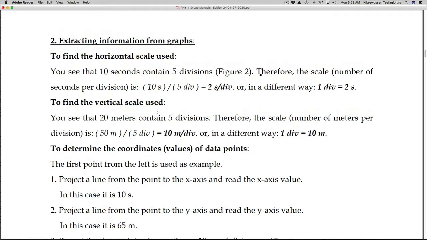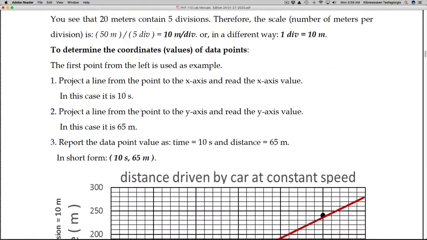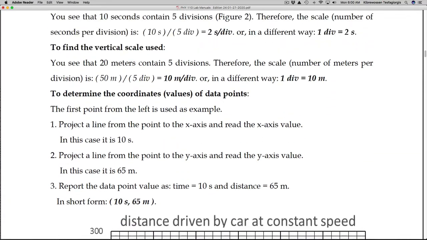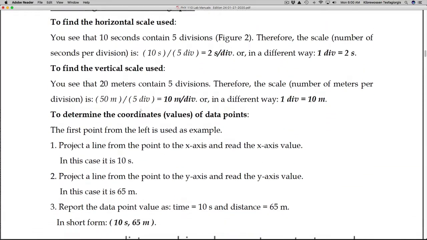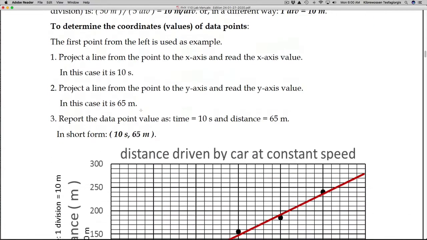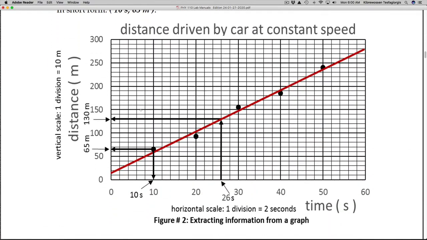Then how do we normally extract information from a graph? How do you find a certain value on the graph is the second item that we are going to talk about in today's experiment. So for example, as you can see in this graph, if someone asks you at 10 seconds, what was the distance or the location of the car, then how do you represent it?